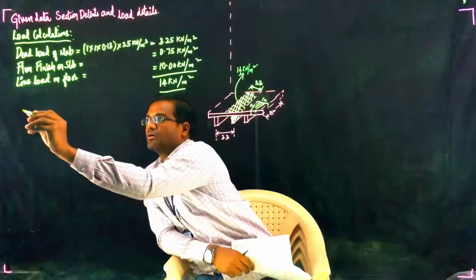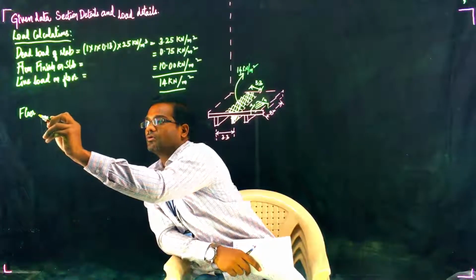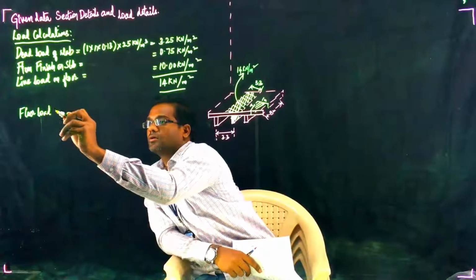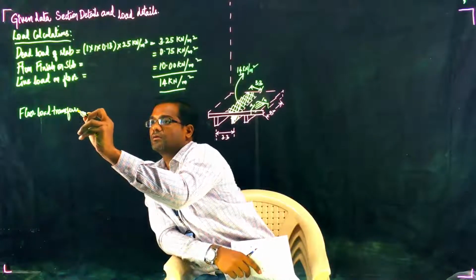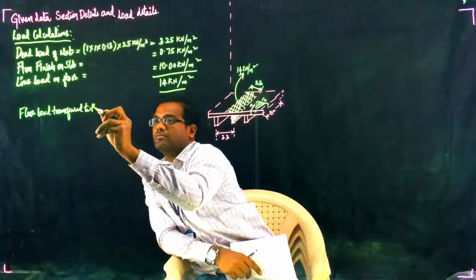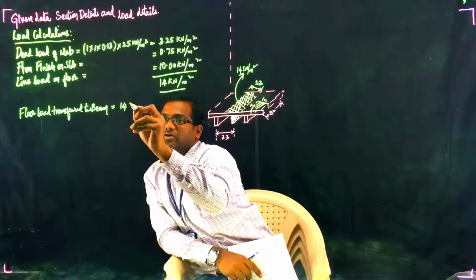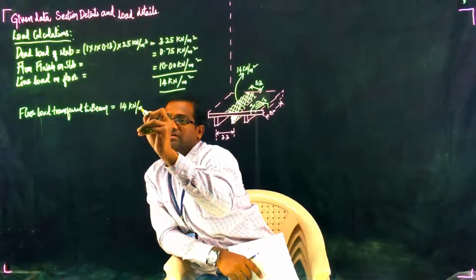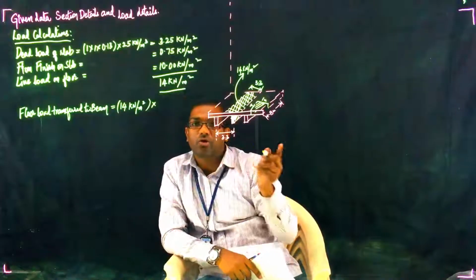So the floor load transferred to beam is 14 kilonewton per square meter as the total load, which should be converted to kilonewton per meter.